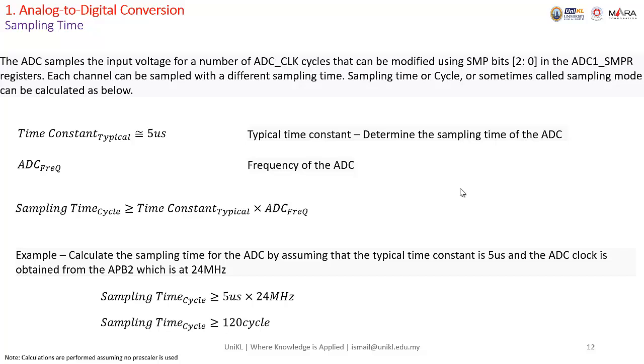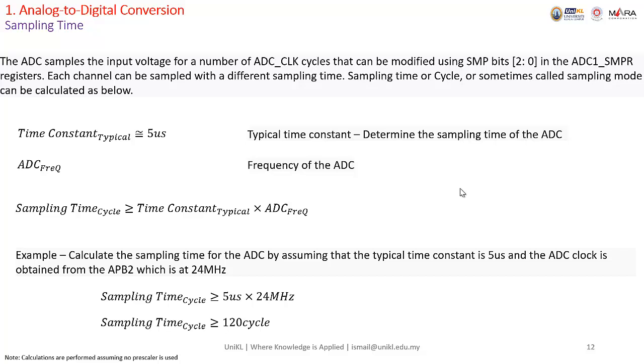For example, calculate the sampling time for the ADC by assuming that the typical time constant is 5 microseconds and the ADC clock is obtained from the APB2, which is at 24 megahertz. So the sampling time cycle is greater than 5 microseconds multiplied by 24 megahertz. So from here we have a sampling time greater than 120 cycles.